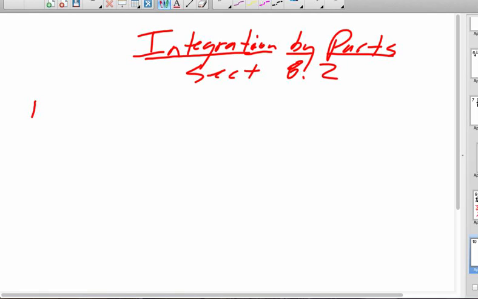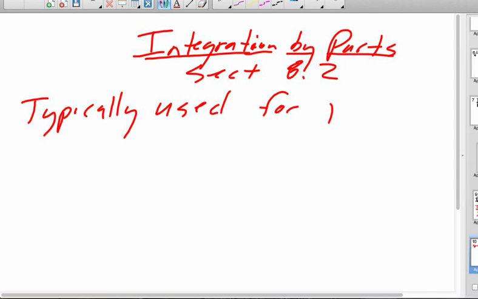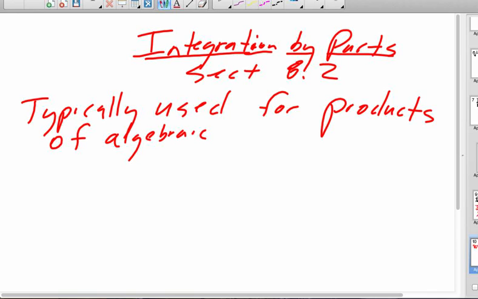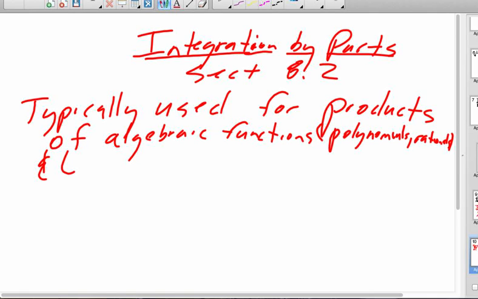But integration by parts, typically, it's used for products of algebraic functions, which are usually polynomials, rationals, things like this, and a transcendental function.